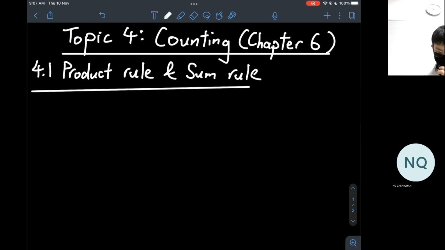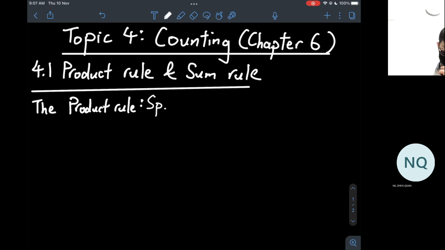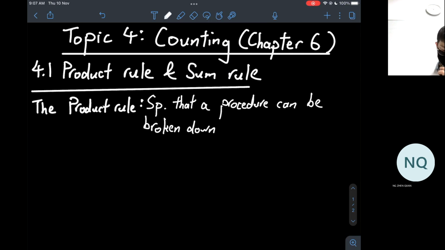Okay. Product rule and sum rule. So what's the product rule? Suppose that a procedure can be broken down into two tasks.